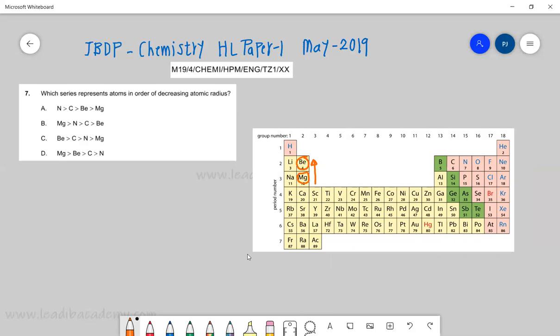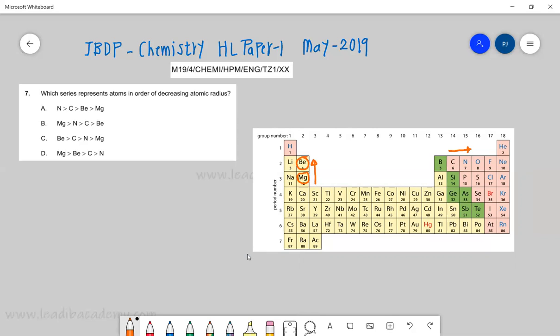And when we go from left to right, the atomic radius decreases. Simple. Now we need to decide which one is the correct option.